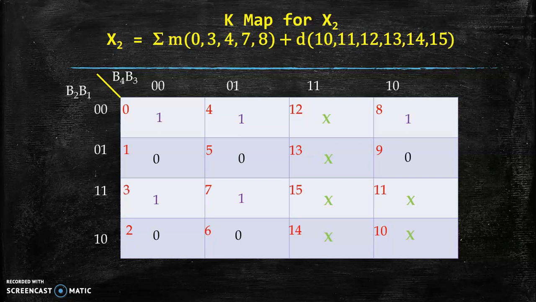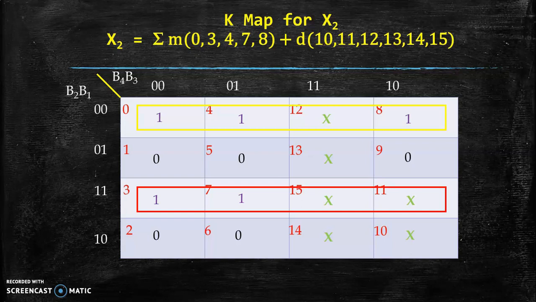Now let us prepare groups for the given minterms. Apparently, we can prepare one quad, and at the same time, another quad is also possible. We have used some of the don't care conditions as 1 for our convenience. Now the product term for the first quad is B2 bar dot B1 bar.